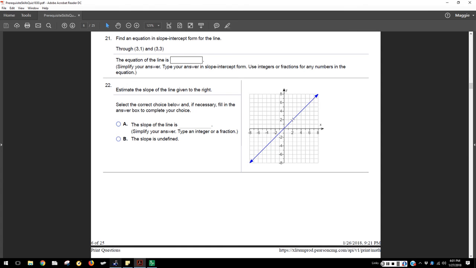And if I go up 1 and over 1, I get the other point on the graph, which is (3, 3). And if I count up 1 and right 1, that gives me (4, 4). So the slope of the line is up 1, which is positive, and right 1, which is positive. So the slope of that line is 1. 1 over 1 is equal to 1.